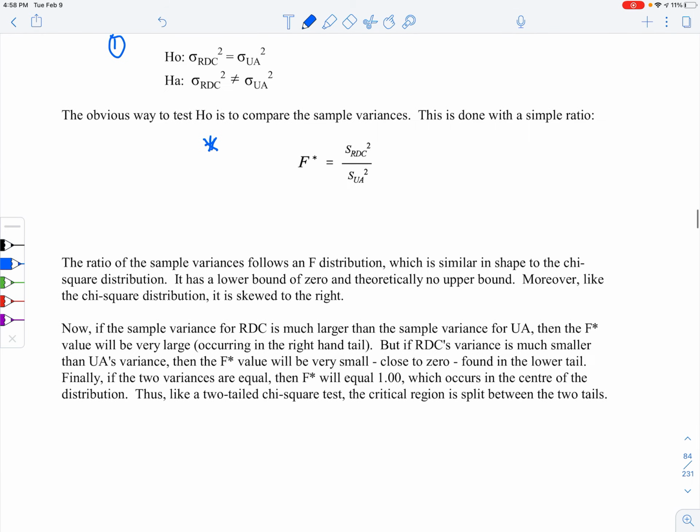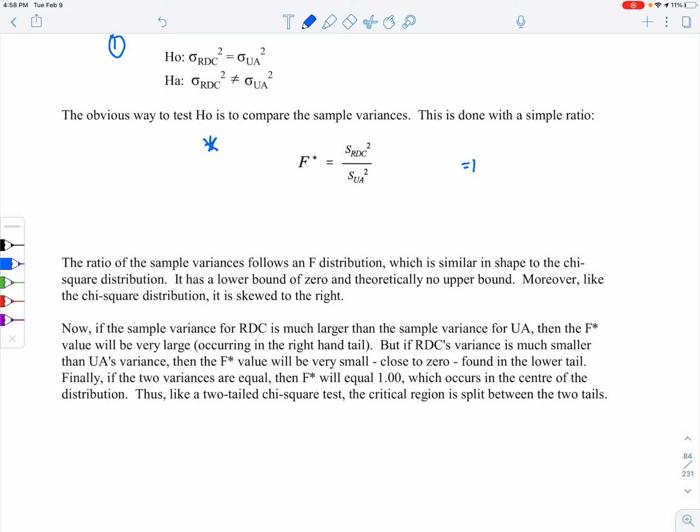Now, if these 2 are equal, then we would expect something equal to 1. So we're really interested in whether that number is significantly different from 1. If the variance for RDC students is much higher than for U of A students, then we would have a large F star value.